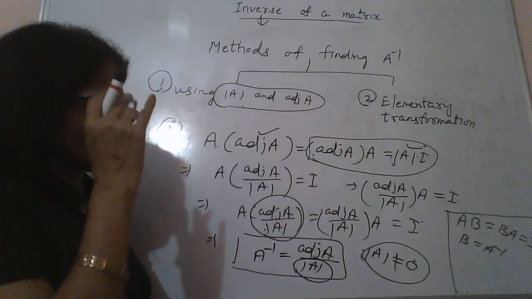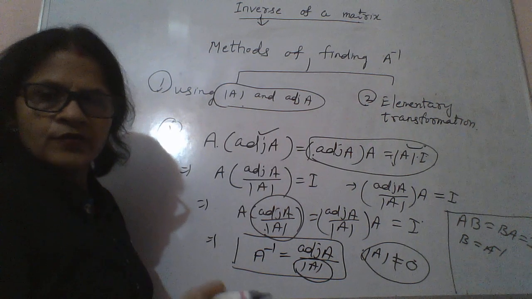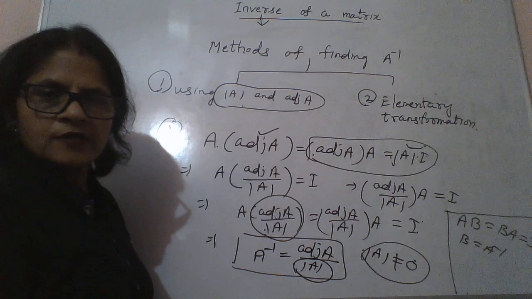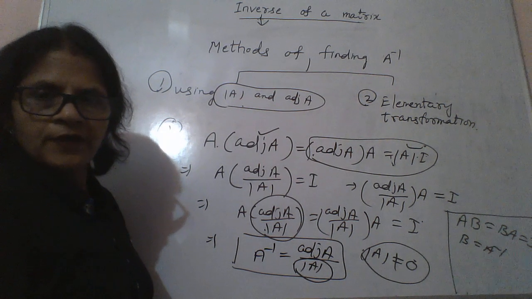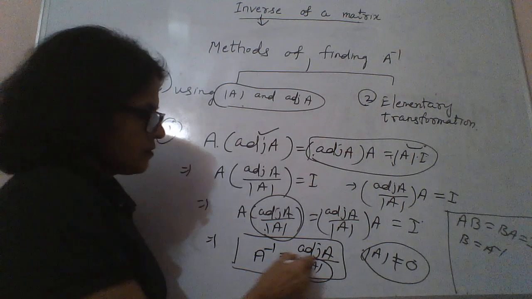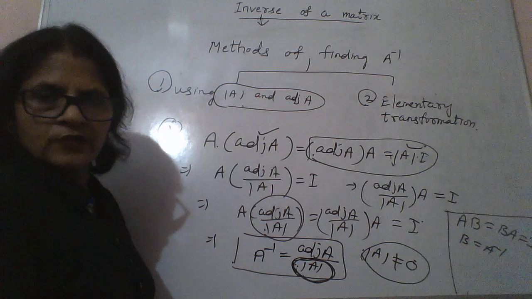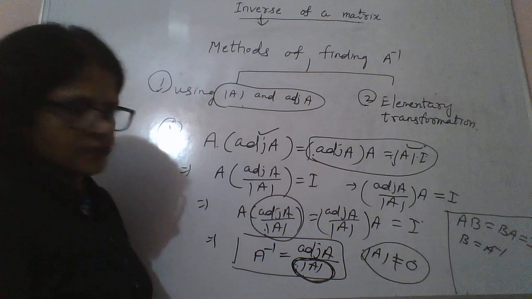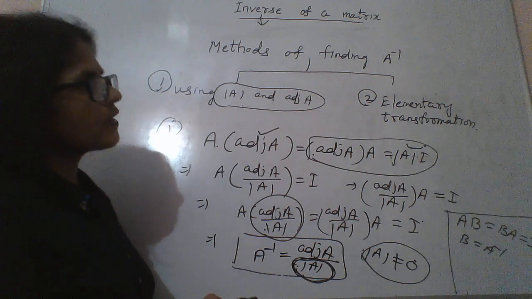Now is it clear why, for any non-singular matrix A, there exists another square matrix B of the same order such that AB equals BA equals I? Because we need determinant A not to be 0, that's why in the definition we have taken a non-singular matrix.